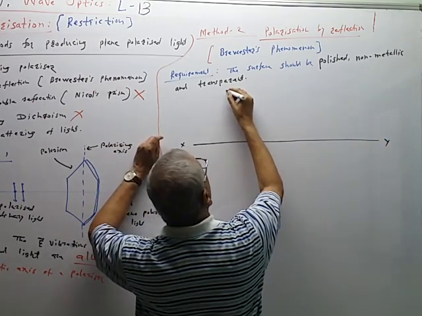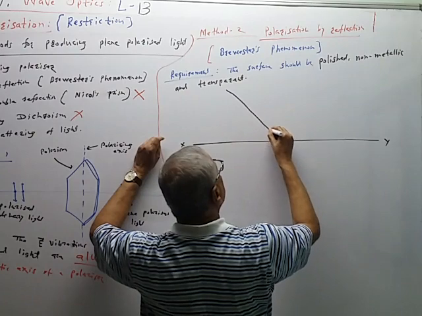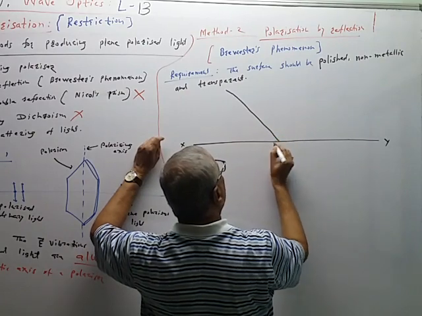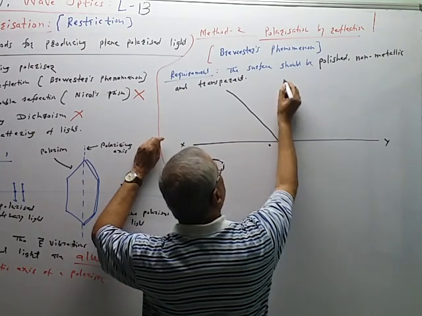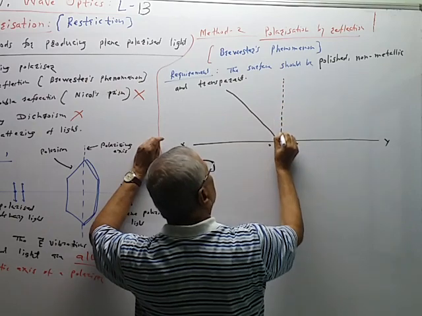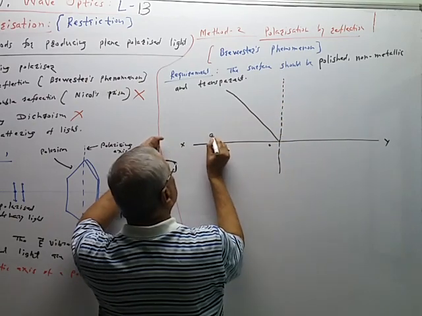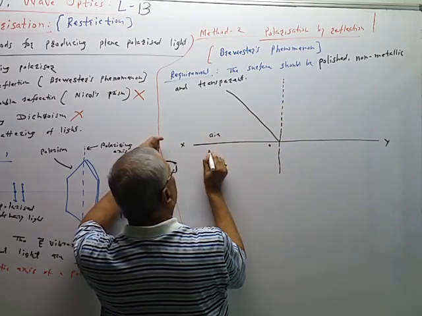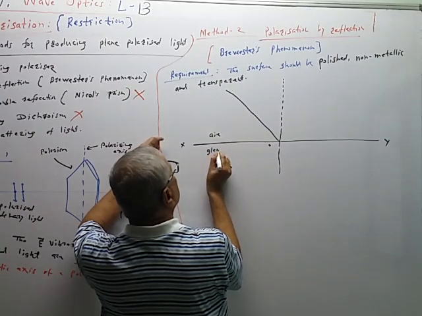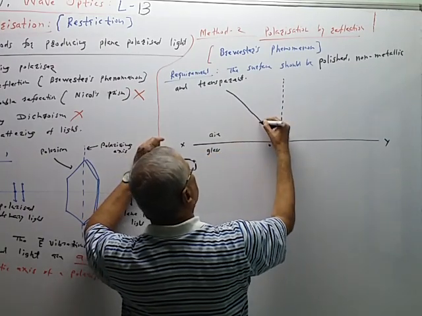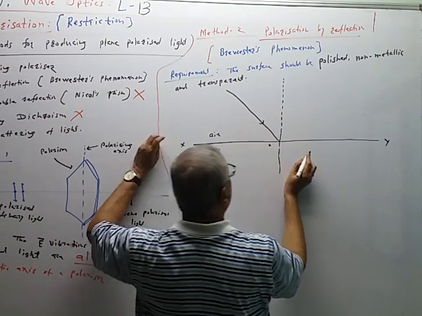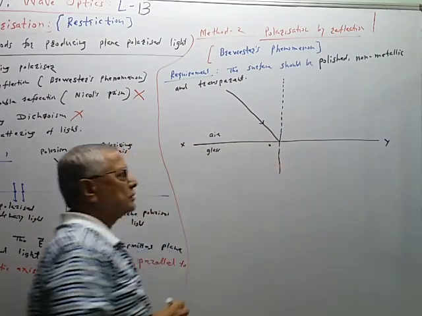Now when a light is incident at point O, suppose this is a medium like air and this is a glass surface. So light is passing from air to glass.